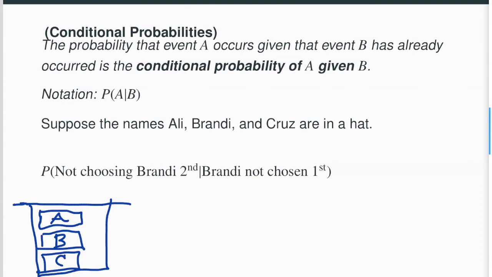So as we look at this, if Brandy wasn't chosen first, then we have two choices for who was chosen first. If it wasn't Brandy, then we're either looking at Ollie having been chosen first or Cruz having been chosen first.